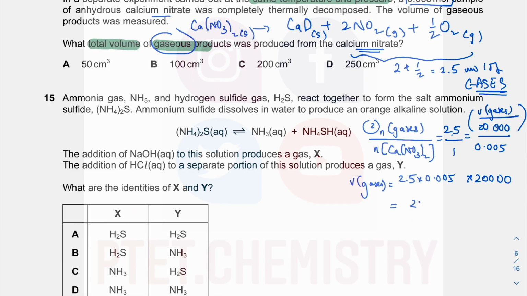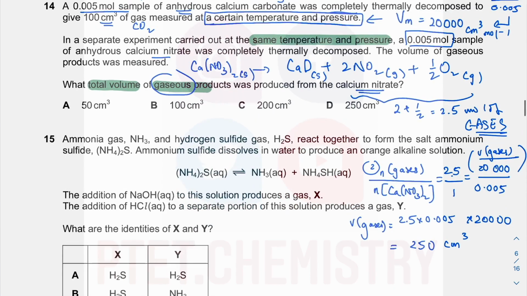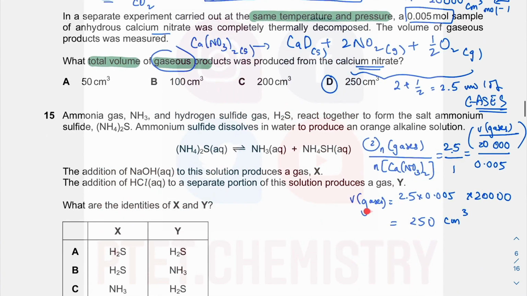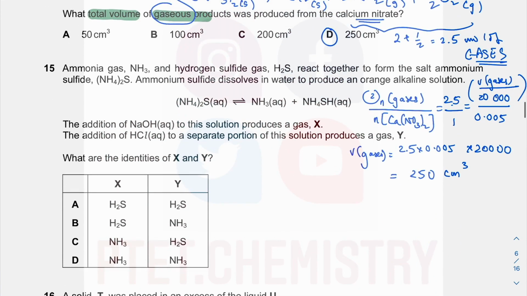So that's 250 cm³ of gases because it produced 2.5 mole of gases. Instead of working individually, both gases will have the same molar volume at the same temperature and pressure as the gas given in the other question. So I can combine them to give me 2.5 mole of gases, and then I'll work out the volume of gases. This paper has been very tricky so far.